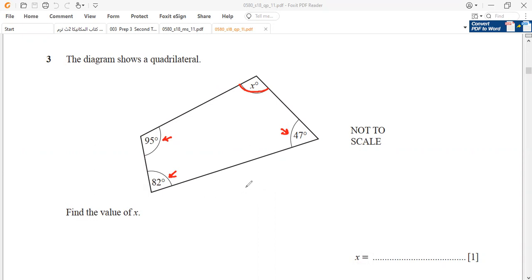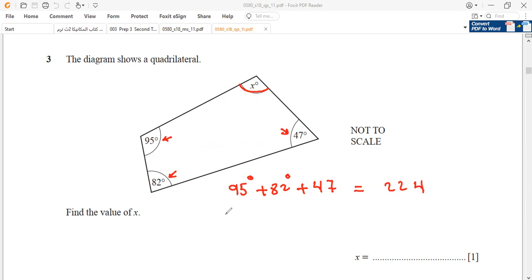So first of all, we add the 3 measurements: 95 plus 82 plus 47. This will be 224.